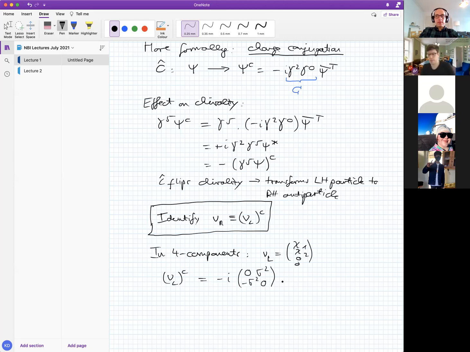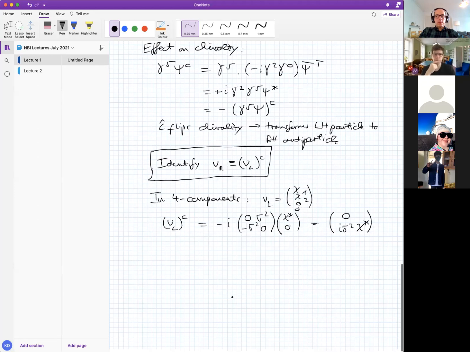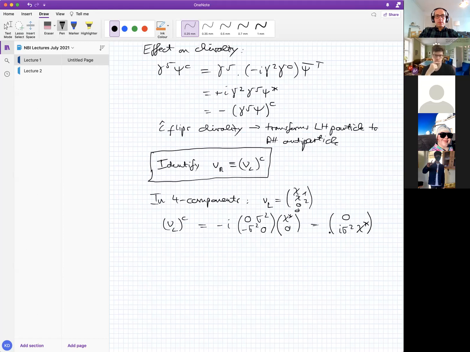I should say that obviously I'm using here the chiral representation of the Dirac matrix, but that should be obvious from the way I defined my 4-component spinors. I've already factored in the gamma 0 here, the fact that gamma 0 cancels with the gamma 0 from the psi bar. So we have here chi star, 0. And this can be written as 0, I sigma 2 chi star. So that basically tells you also what the charge conjugation operation does in a 2-component notation. Instead of gamma 2, it's sigma 2 that acts on the field.